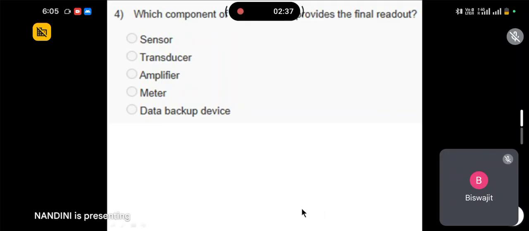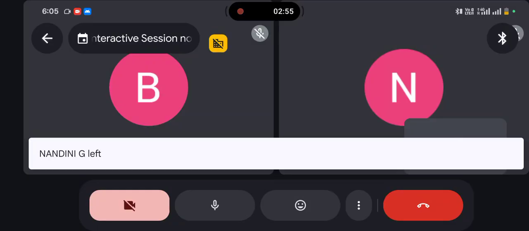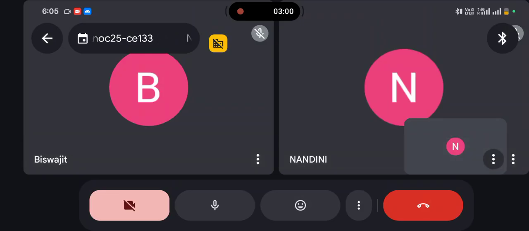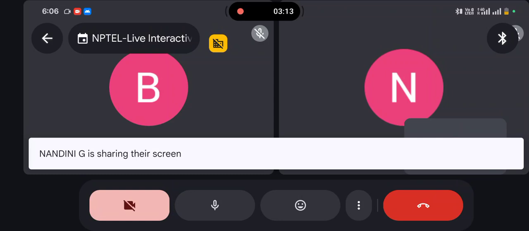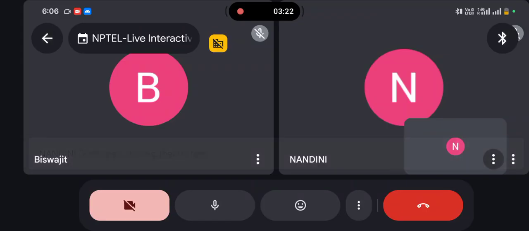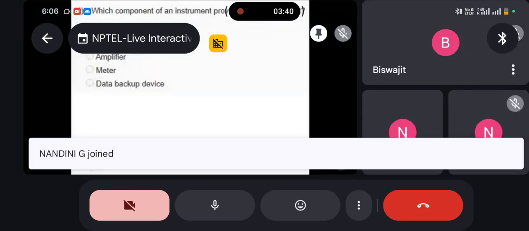So before going into what are the different... before that, are you able to see my screen now?